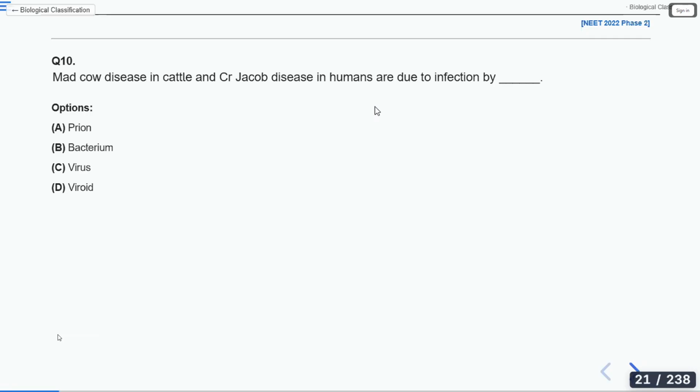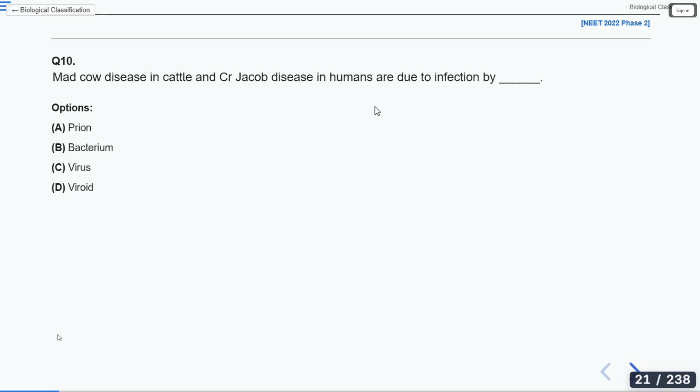Okay, very good. So what is a viroid? Define viroid. Okay, smaller than viruses.